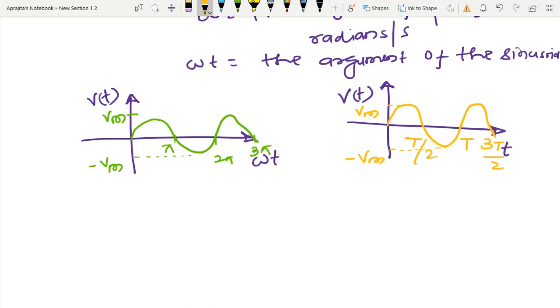It is evident that the sinusoid repeats itself every T seconds.